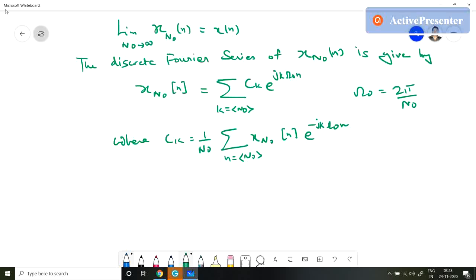So basically, we have taken a non-periodic sequence xn and a periodic sequence x n naught n.